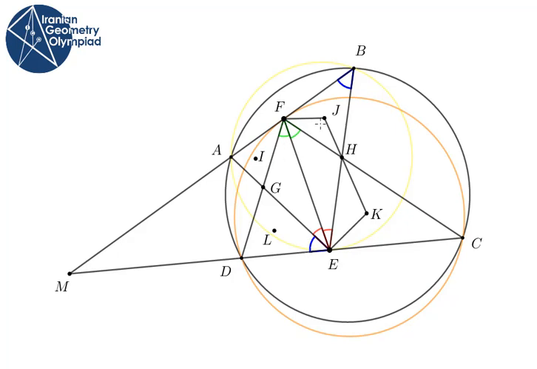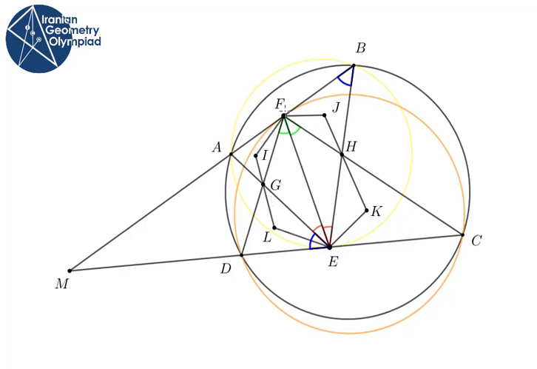So because FJH is 90 degrees plus half of this blue angle, FJK plus FEK is 180 degrees. So quadrilateral FJKE is cyclic. And similarly, we can show that FILE is cyclic too.